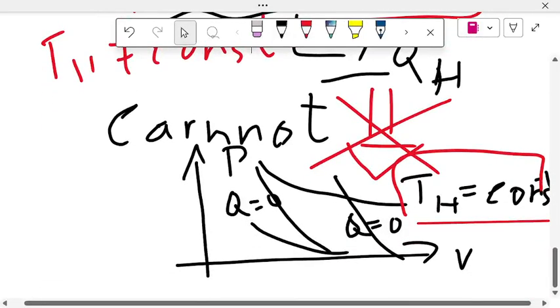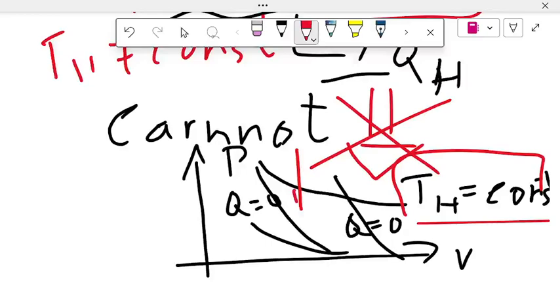We have here some amount of heat, high. We have here some amount of heat, let's say low.